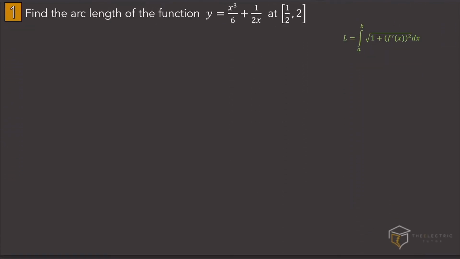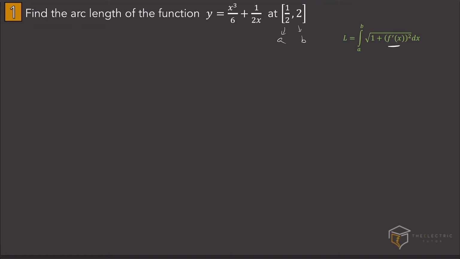We wish to know the length of this function, and it goes from 1/2 to 2. This is a, this is b. And we follow our formula. The first thing I always like to do is to find f prime.